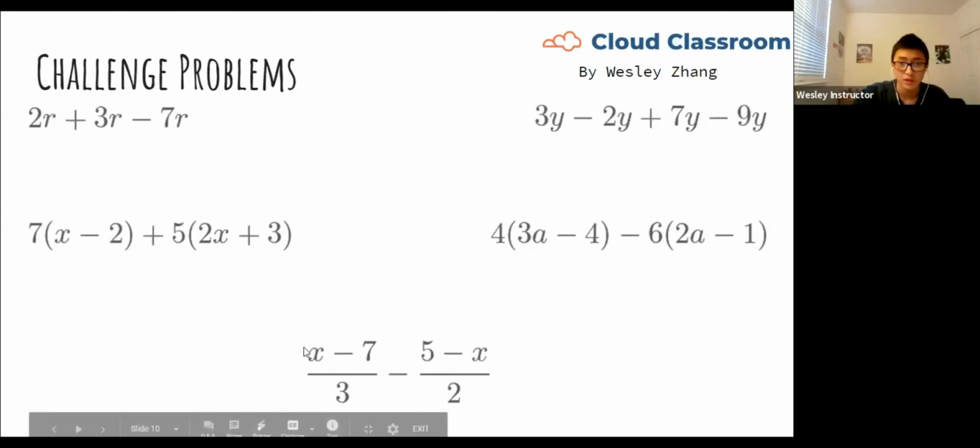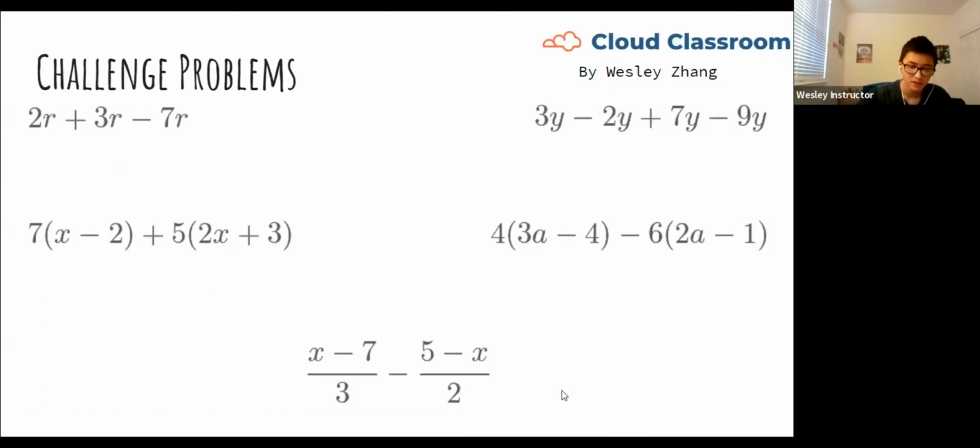Once we do that, we get (2x - 14)/6 minus (15 - 3x)/6, all over 6. So we get 2x minus 14 minus 15 plus 3x, everything over 6. Once we combine like terms, we get (5x - 29)/6.